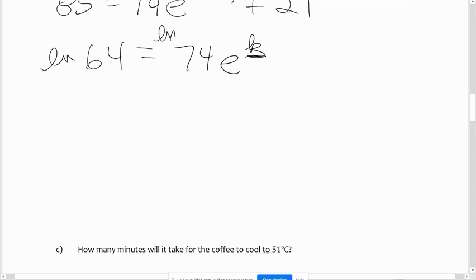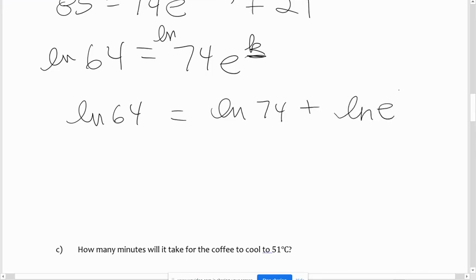So this is going to be the natural log of 64. Since it's multiplication, this is the natural log of 74 plus the natural log of e to the k. Actually, now that I think about it, it probably would have been smart of me to kick the 74 over to the other side.